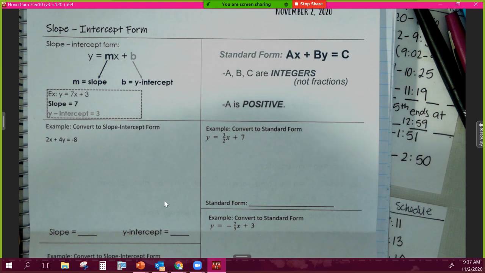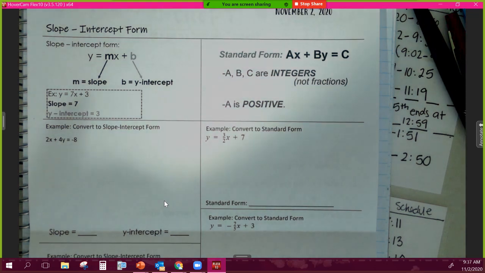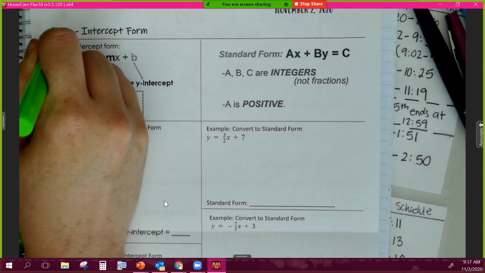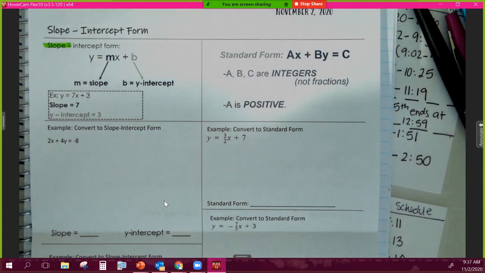Okay, so slope-intercept and standard are just two different formats of how you can write an equation. Slope-intercept form is written in a format where it's easy to identify the slope and it's easy to identify the y-intercept.